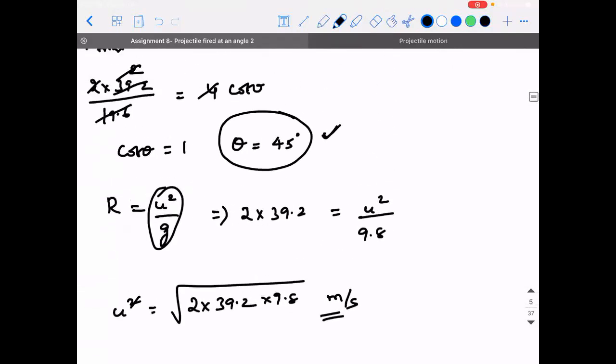Shall I proceed to the next one? Have you guys copied it? One minute. Please do.